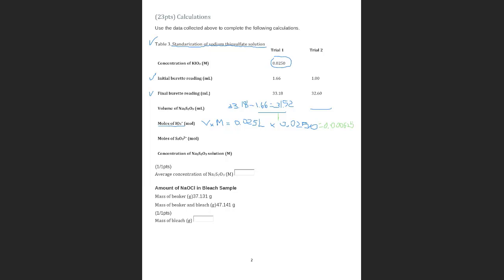The next question, moles of thiosulfate. We just did that example.